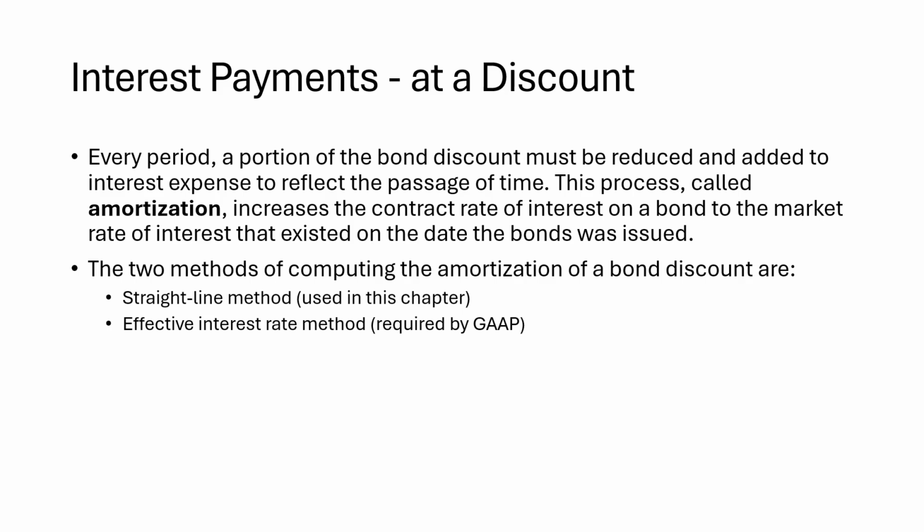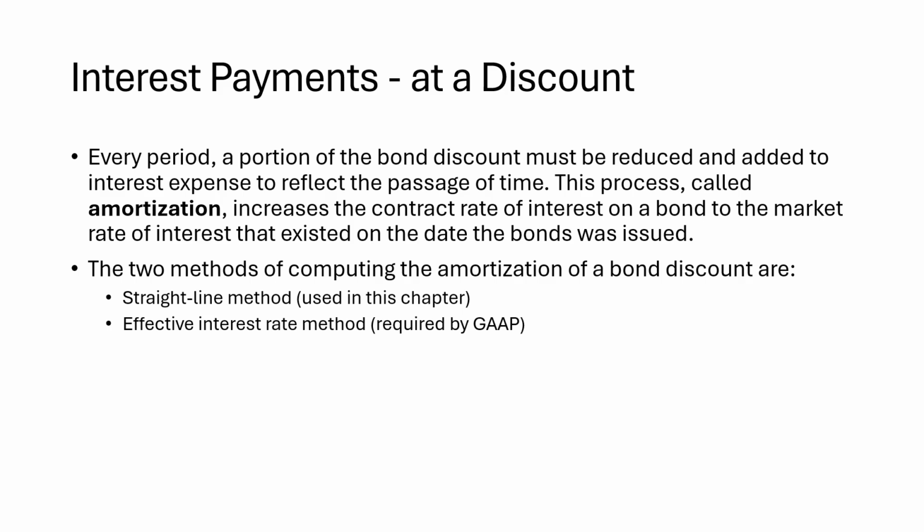Just as with bonds that are issued at par value or at face value, just like any bonds at all, interest payments have to be made at their regular intervals. So each period, when that interest journal entry takes place, if there is a discount, that discount is amortized.